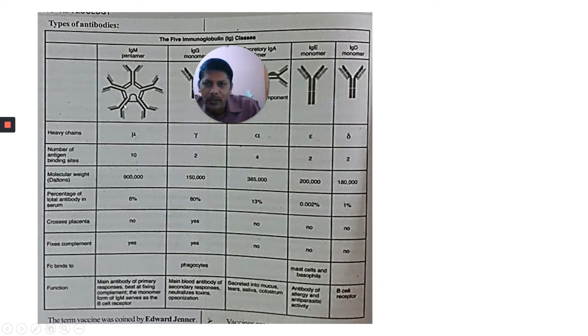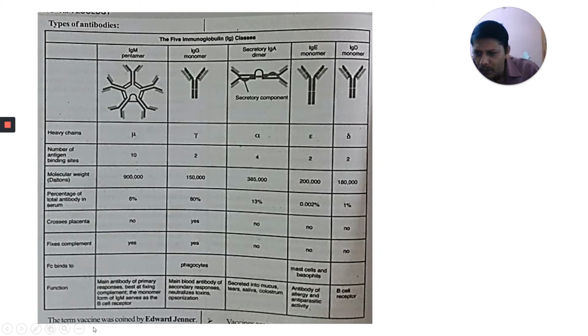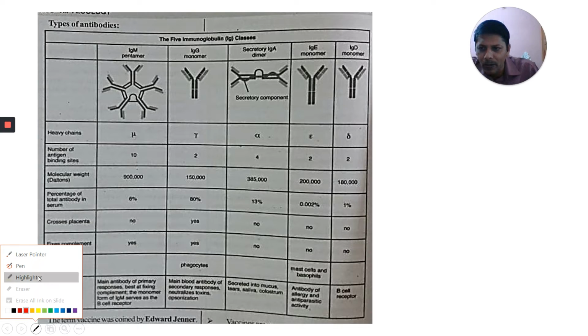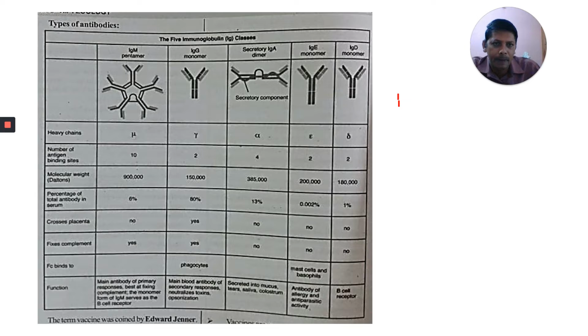Heavy chains. IgM, M stands for mu. The code to remember these antibodies is DEGAM. You can remember all these antibodies with a trick called DEGAM.